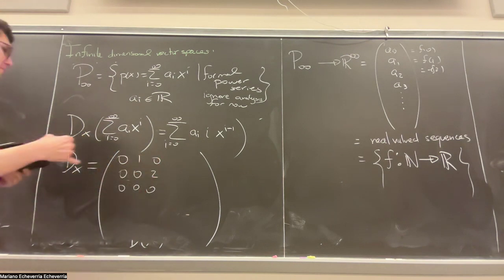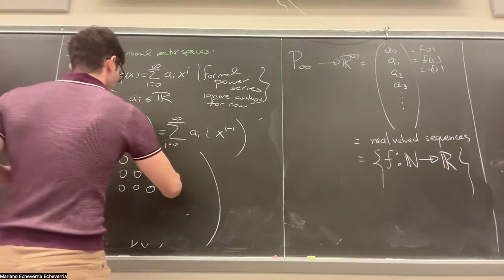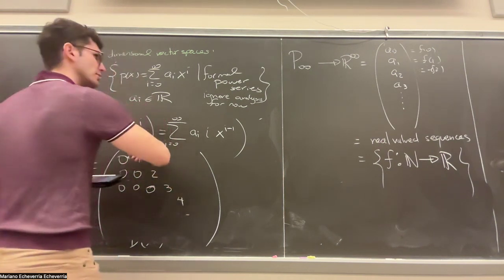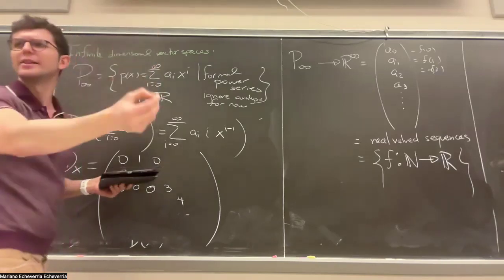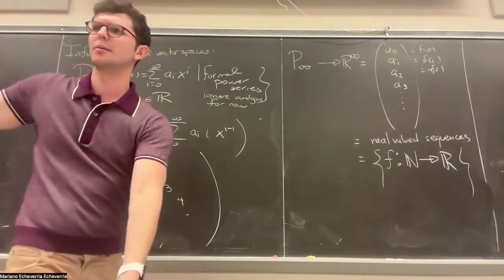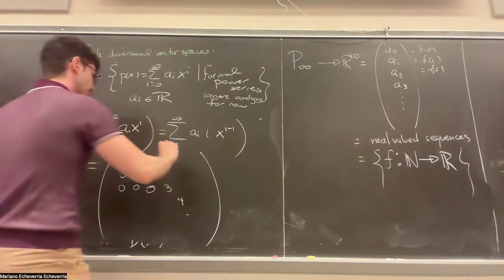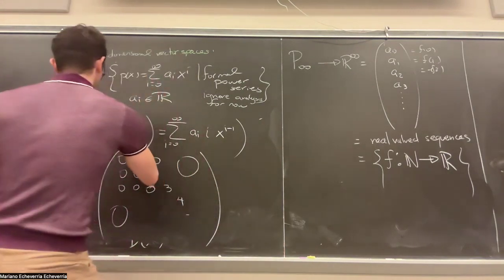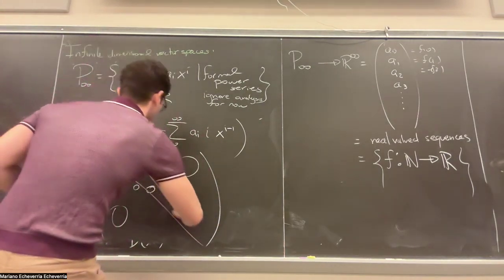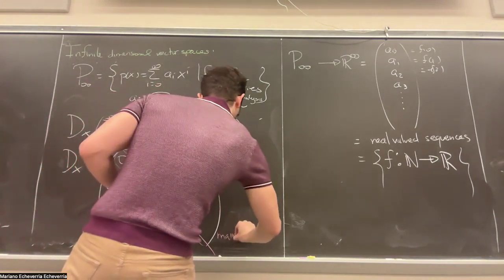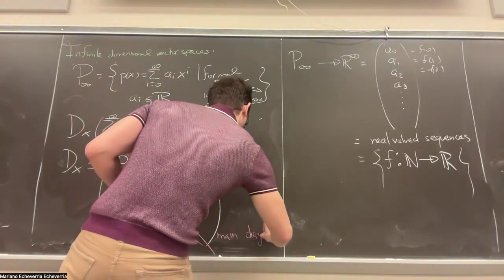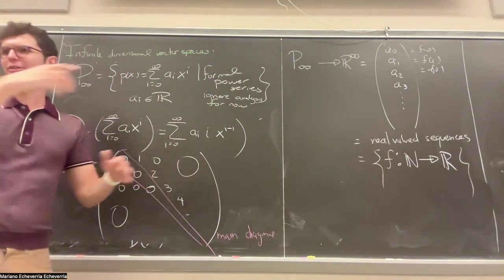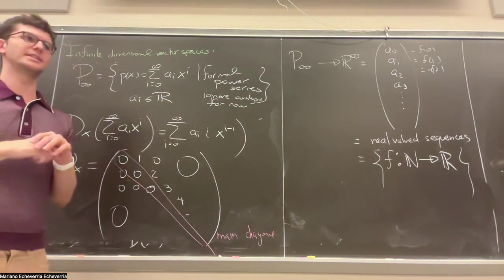What would happen afterwards is that it just continues: the diagonal just above the main diagonal is 1, 2, 3, 4, 5, 6, and so on, and there are zeros everywhere else. Above the main diagonal is where the coefficients appear. Everything else is zero in this matrix.